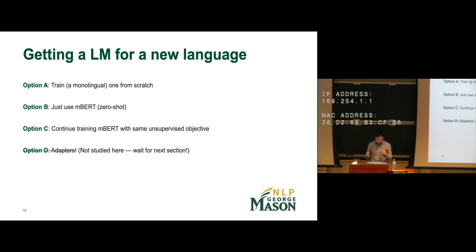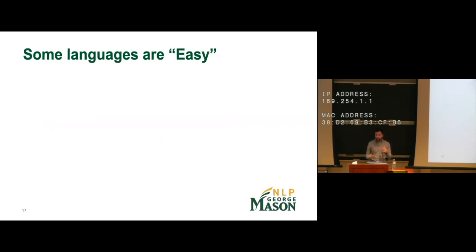Okay, so there are these 3 options for now. I'm going to go back to adapter units that you might have heard of a little later. If you do that and you compare all these 3 options, then some languages behave very differently than others. There are some languages that are what I would call easy.